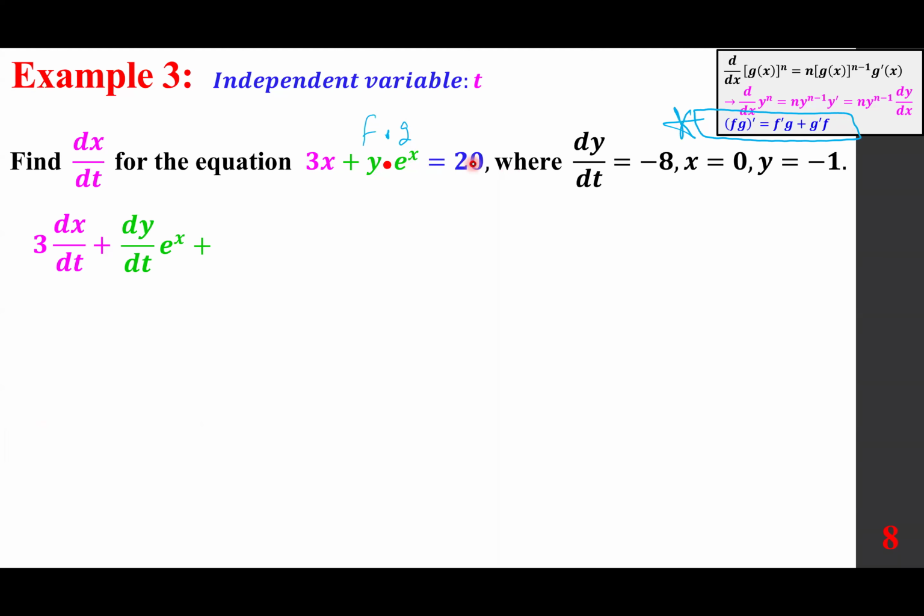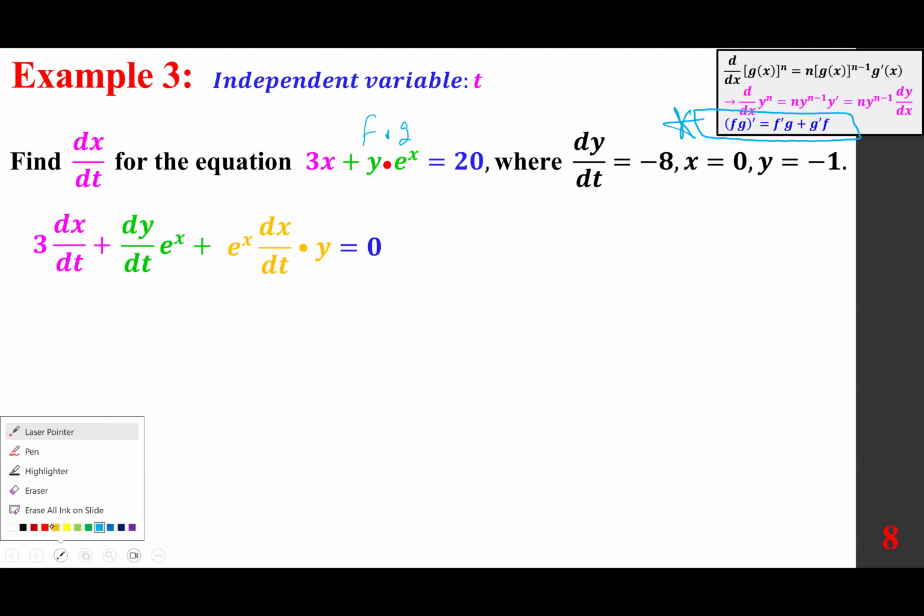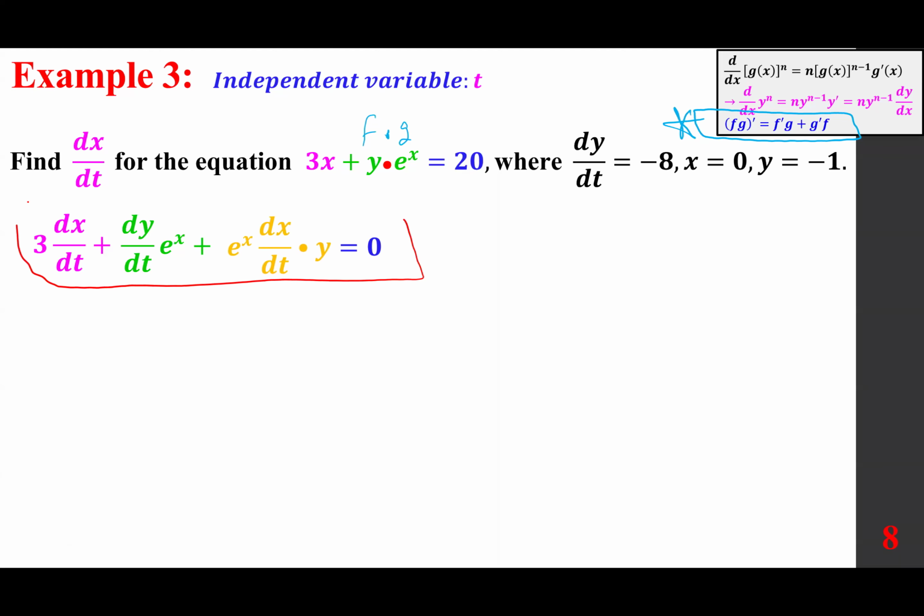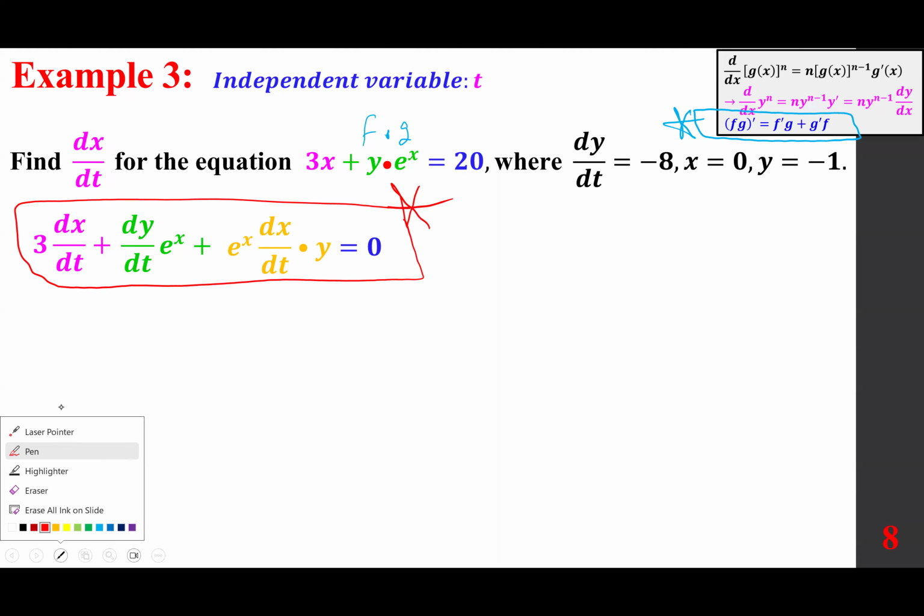And the right side is a number. Any number results in 0. And believe it or not, let me box this. This is it. As far as the calculus goes, the rest is elementary algebra, everybody.